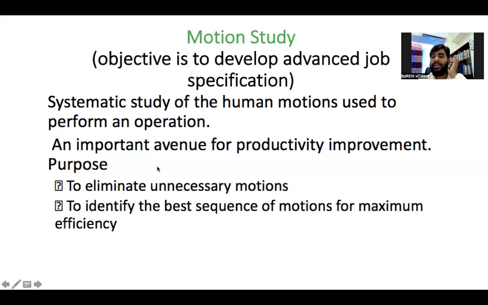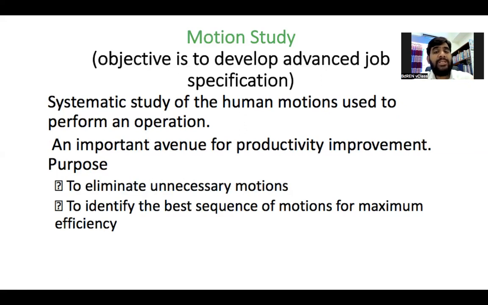So we are dealing with job redesign. The job redesign can be done by job enlargement, job enrichment, job rotation, self-directed teams, or work-life balance. That is also another issue.